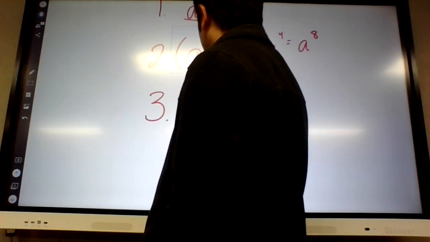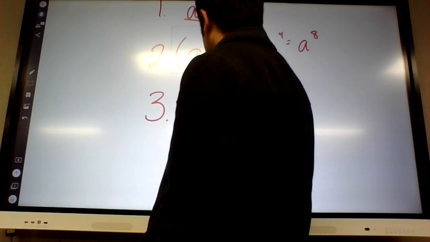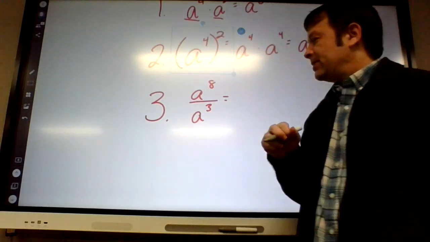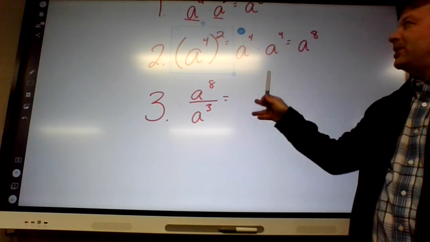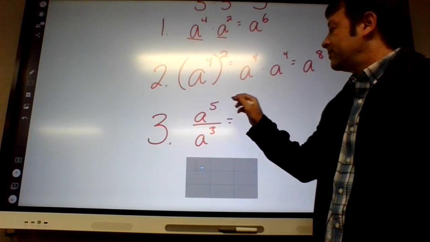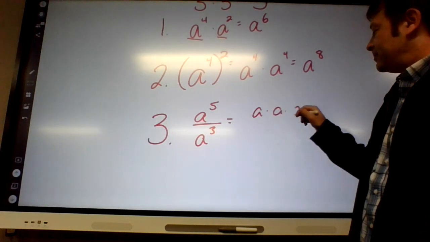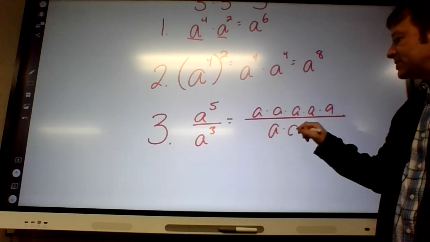How about this? A to the 5th over a cubed. What do you guys think about that one? If multiplying adds the powers, what about here? A to the 5th means this, and a cubed means this.